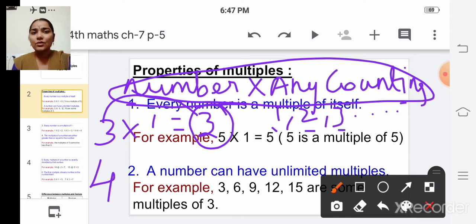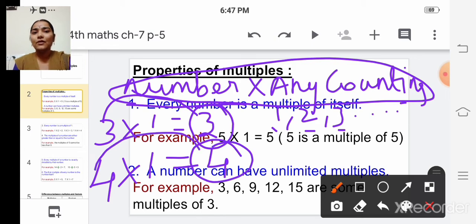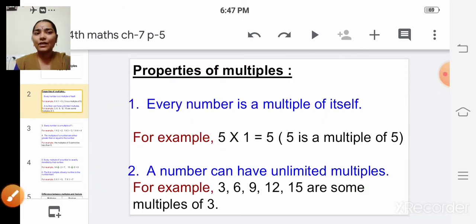If we multiply 4 into 1, we get 4. So 4 is a multiple of 4. So every number is a multiple of itself.